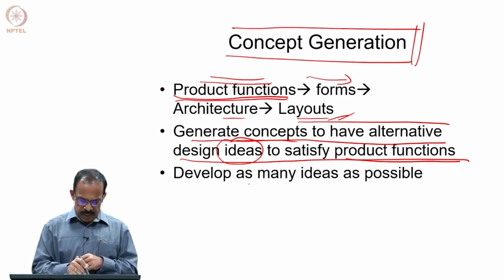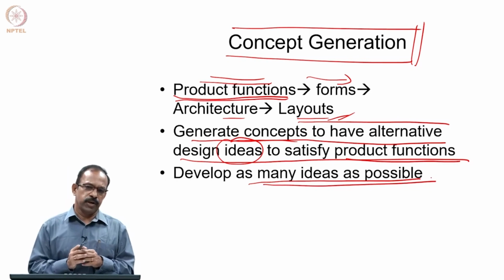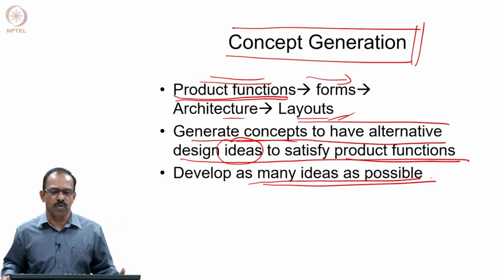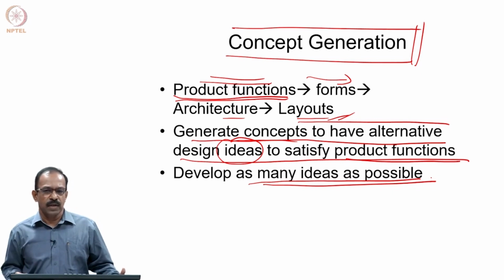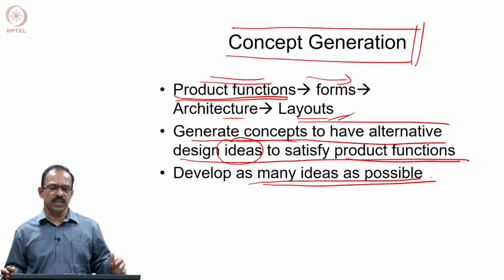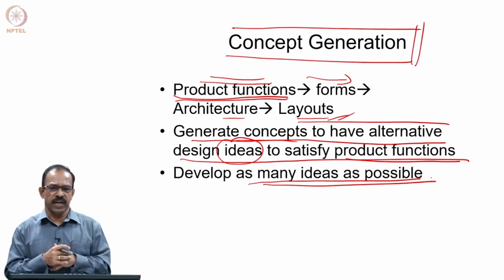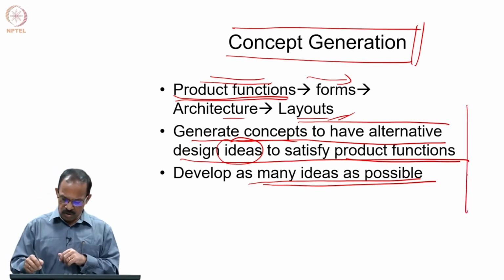But develop as many ideas as possible. That is the requirement. You need to have a large number of ideas to solve a problem. Suppose there is a problem of reduction of water, you cannot just have one idea. You need to have a large number of ideas, and then you need to choose the best idea and develop the best concept from that. That is the requirement in concept generation.